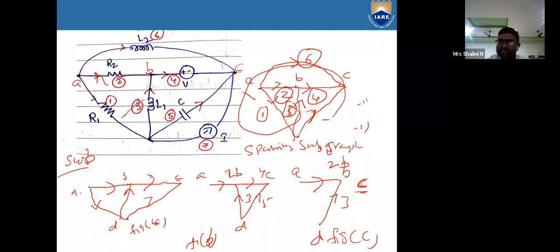Do all of you understand the definition?